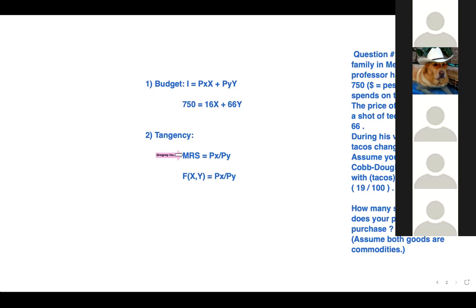But our key here is understanding the marginal rate of substitution. Okay. So let's talk a little bit about that. Remember that our utility function is really three-dimensional, right?